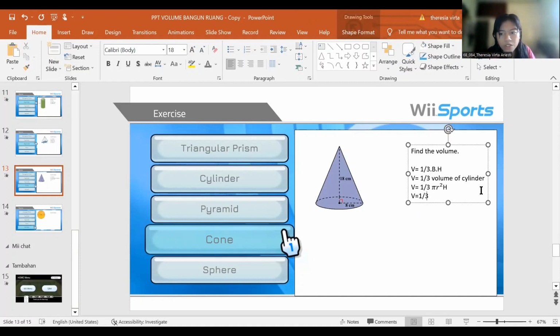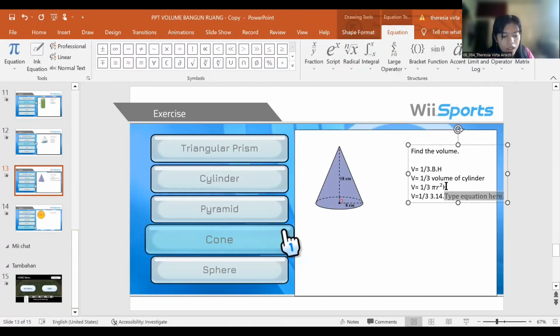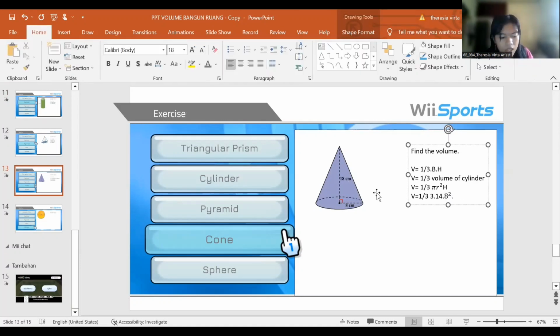And then we're going to count. Look at the radius. The radius is 8. So we can use 3.14 cross 8 square. And then cross the height, which is 18.